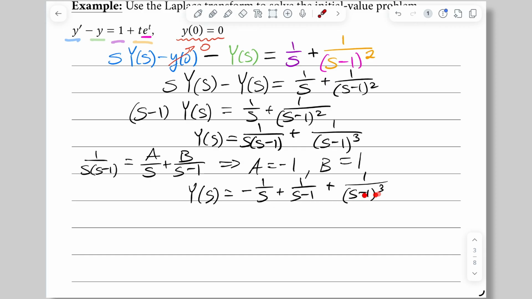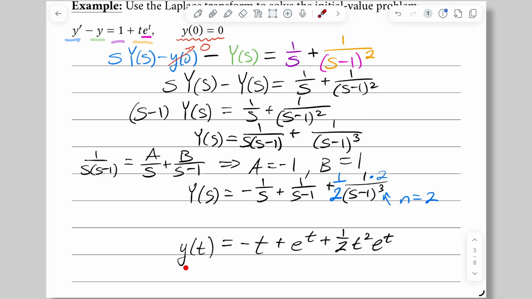This would transform to a t with an exponent, and we note that with that denominator having a cubed in it, n is equal to 2. Therefore, for that term only, I need to multiply and divide by 2. I'd like you now to apply the inverse transform to both sides and solve the differential equation.